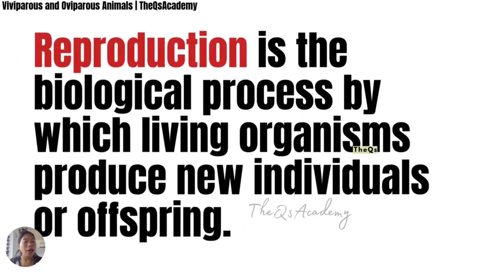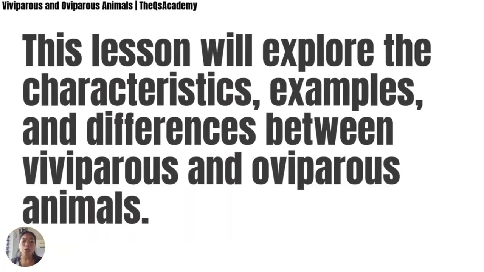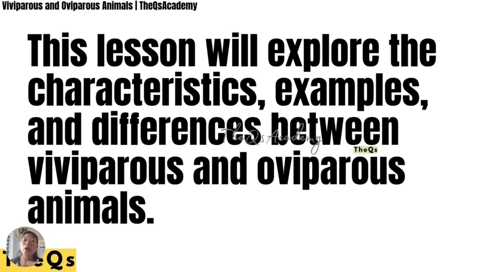Now, remember that reproduction is the biological process by which living organisms produce new individuals or offspring. Produce new individuals. Remember that. In this lesson, we will explore the characteristics, examples, and differences between viviparous and oviparous animals.